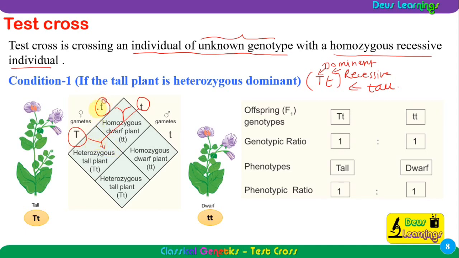Then if you cross this one with this one, you get homozygous recessive character, and if you cross these two, then you get heterozygous dominant.